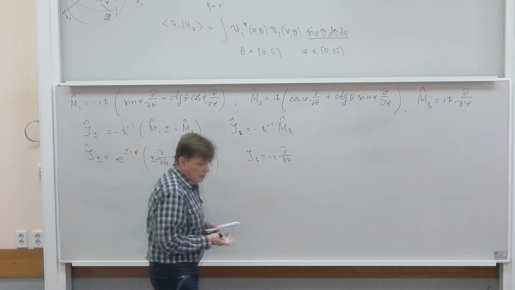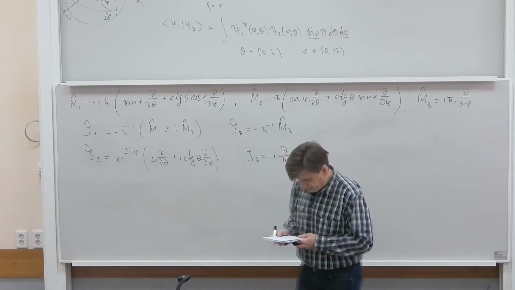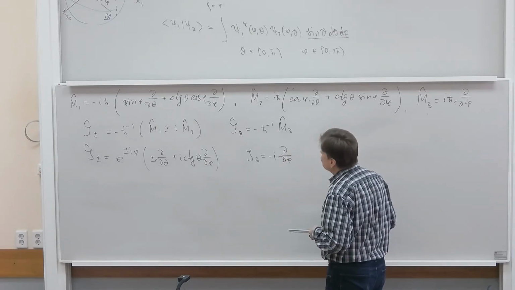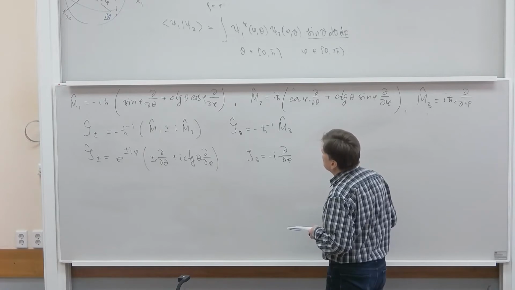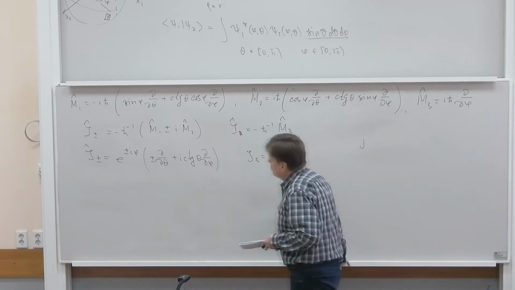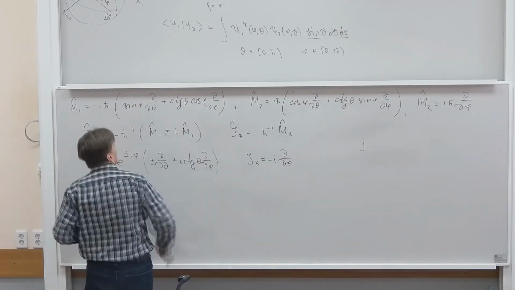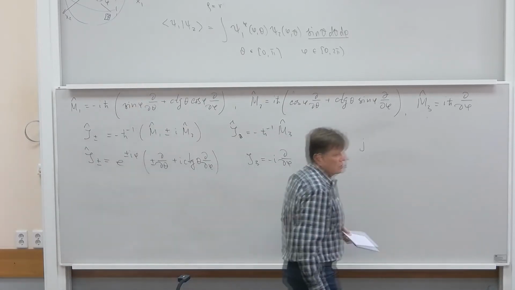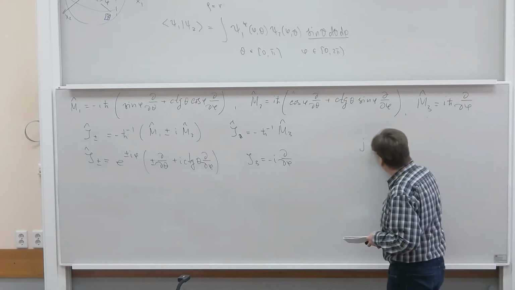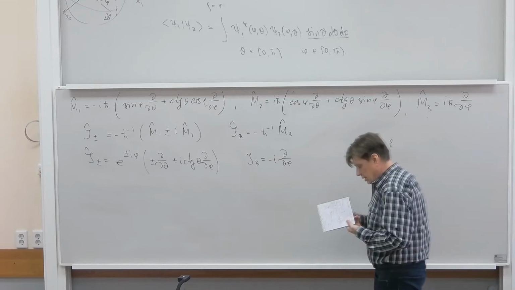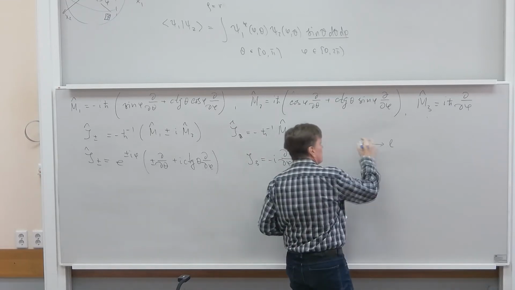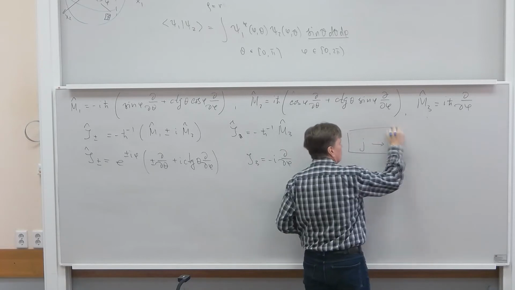Okay, and from now on I will change my notation. Instead of quantum number J, which labels the set of my eigenvectors, I will use the number L. The reason for this change will be clear below.